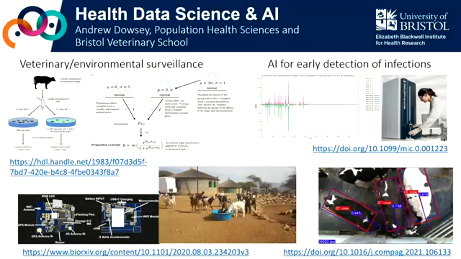And in the bottom right, we have a BBSRC grant at the moment looking at tracking activity and particularly the social behaviors, social interactions between animals that can be, just like humans, the early indicators of impending infectious disease coming up, in this case, mastitis.